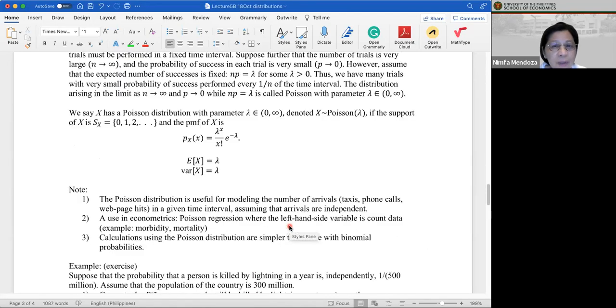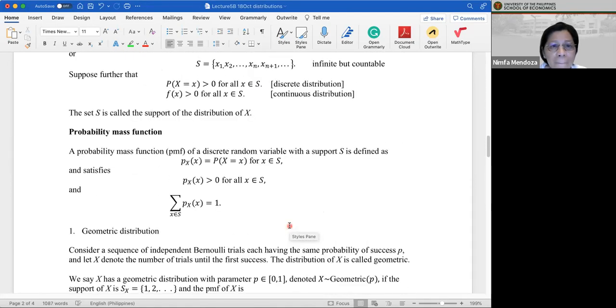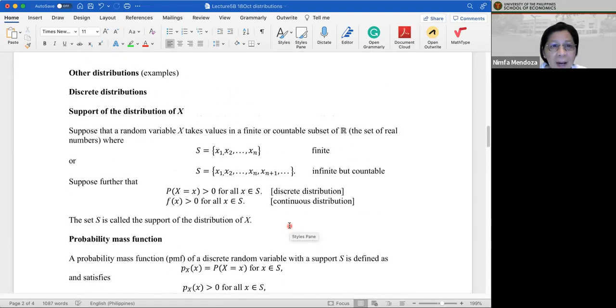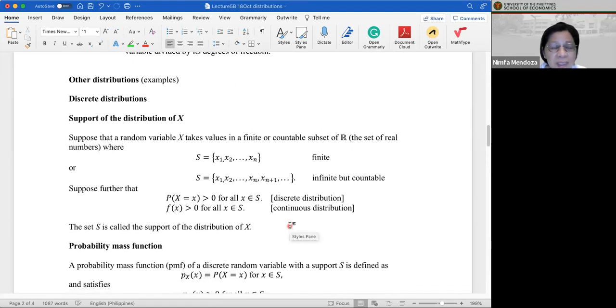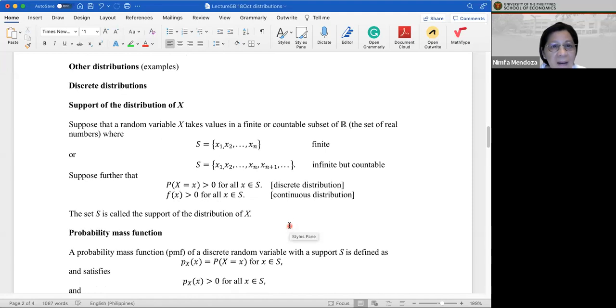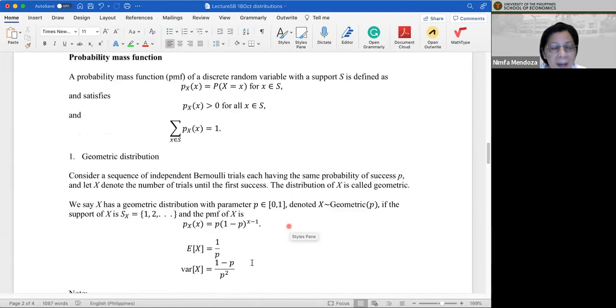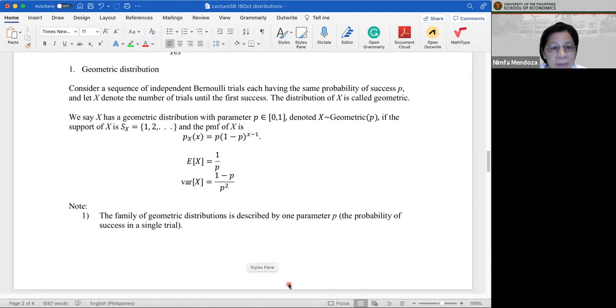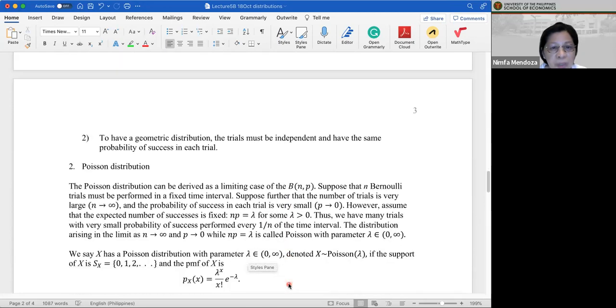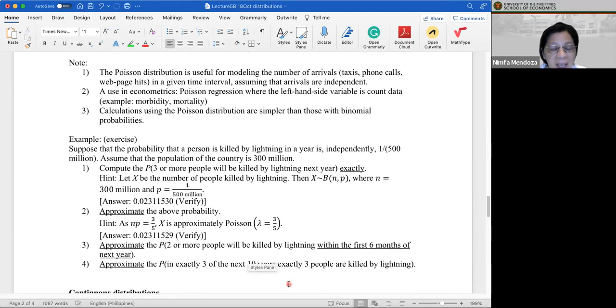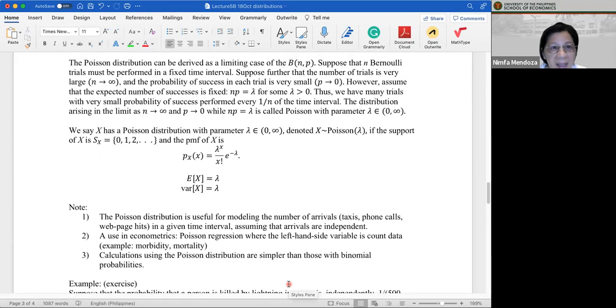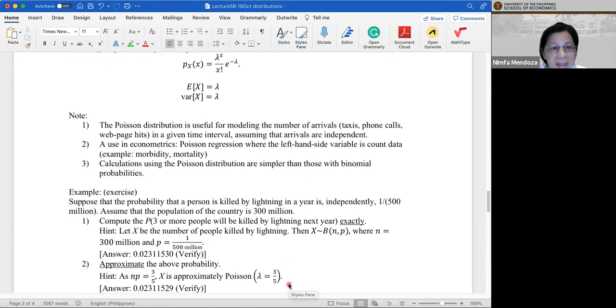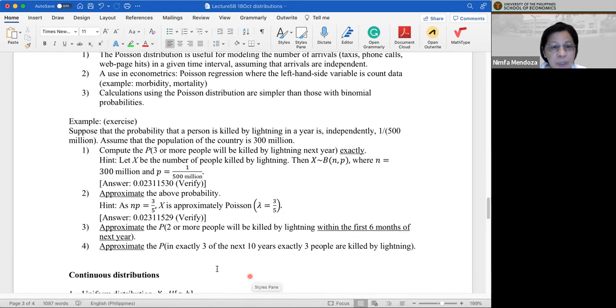Okay. So those are some discrete distributions: the geometric, the Poisson distribution.